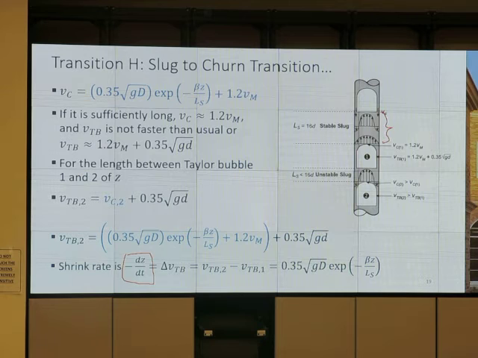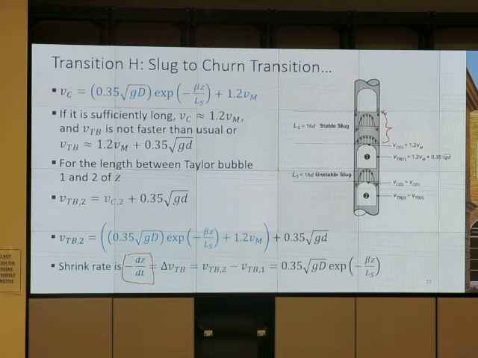When time goes up, z goes down, right? Because number 2 moves faster than number 1, when time goes up, the distance between two bubbles is less, right? That's why we call it shrink rate.